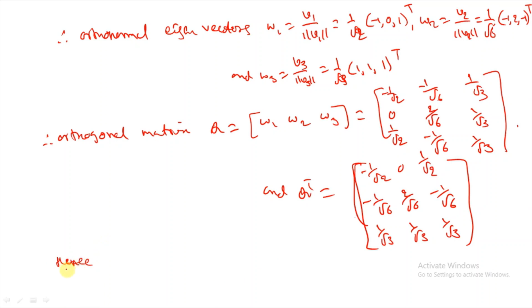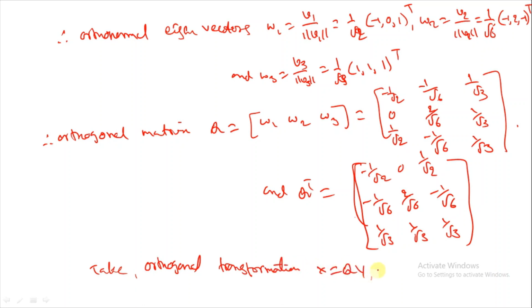now you have to convert the quadratic form to canonical form. Take the orthogonal transformation X equal to QY, where Y is y1, y2, y3.